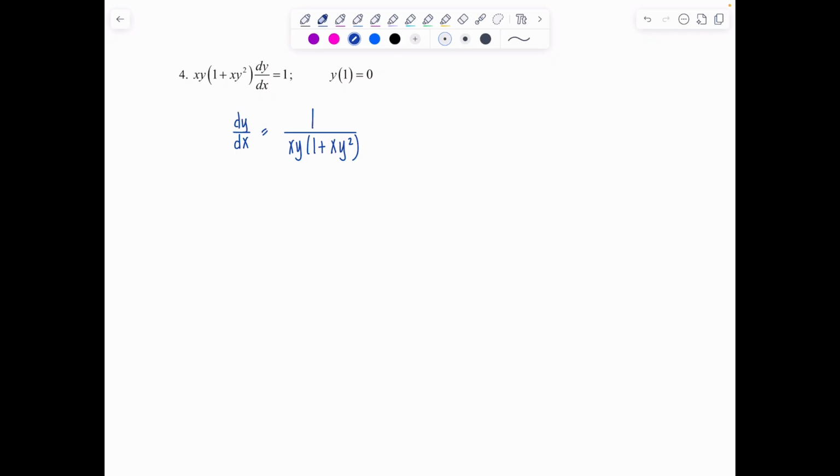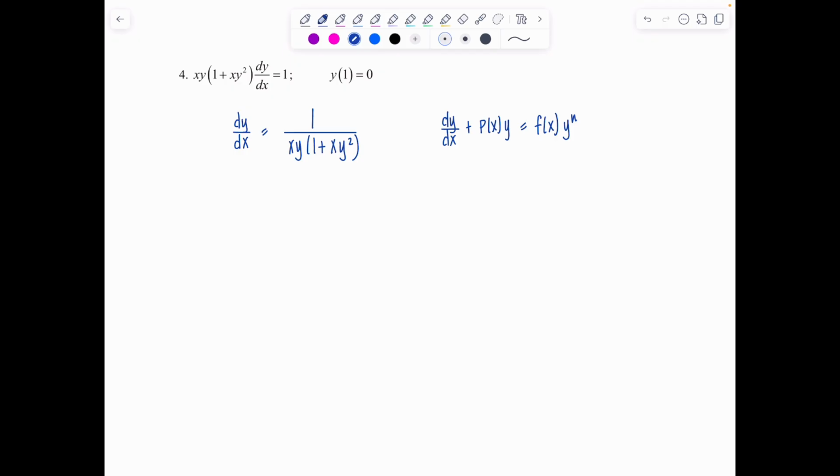Now, how on earth am I going to get this into the form for Bernoulli, right? Like, how am I going to get this into dy/dx plus p of x times y equals f of x times y to the n? Look at it. It's not happening, guys. I'm so sorry. Then you go, why is it in this section?